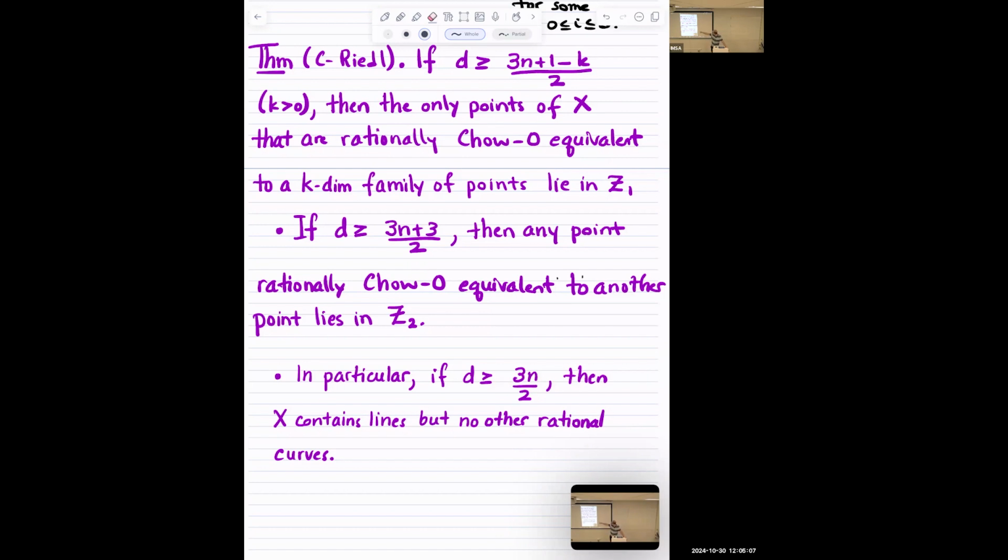This is fairly close to sharp, I forget. I think this is sharp if n is even and maybe possibly off by a half if n is odd or something like this. The moment you make it a little bit less, then you have conics on the hypersurfaces, so you don't expect it to be just like this. This is sharp.